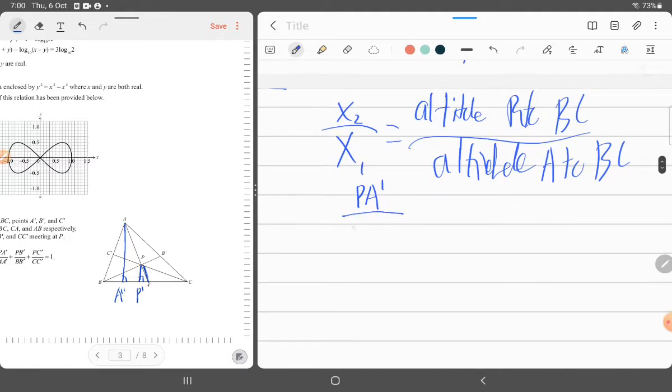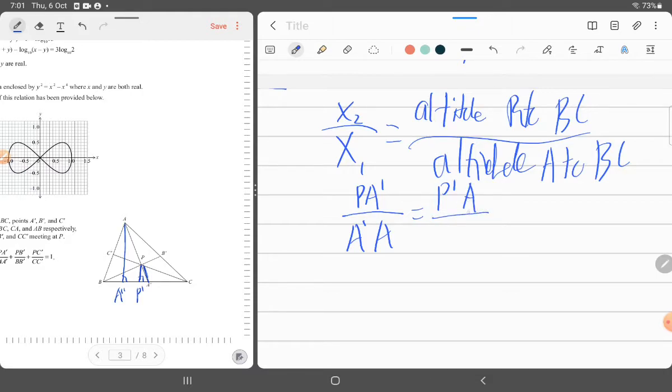PA dash over A dash dash is equal... right, PA dash over A dash A. Wait, let me think about this.